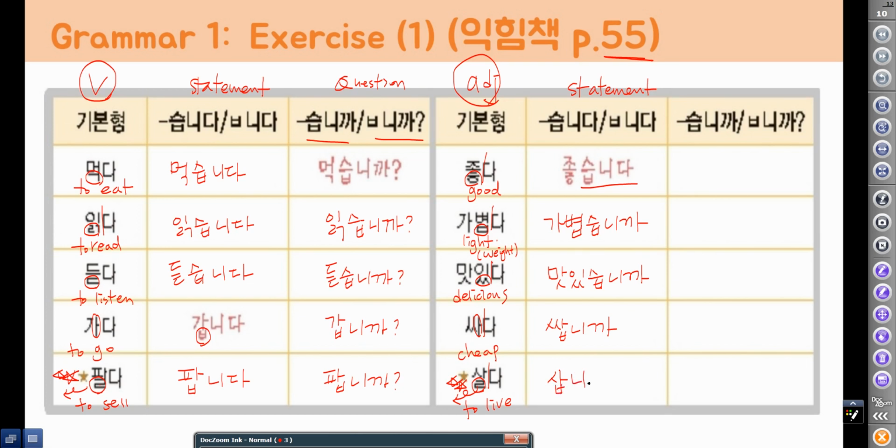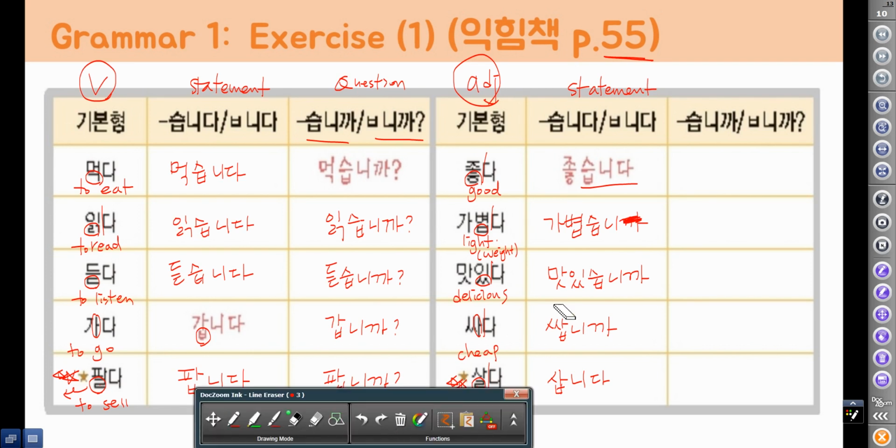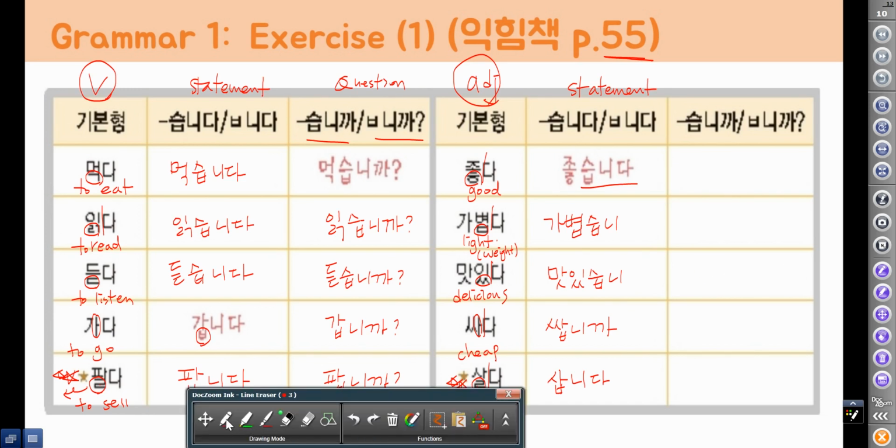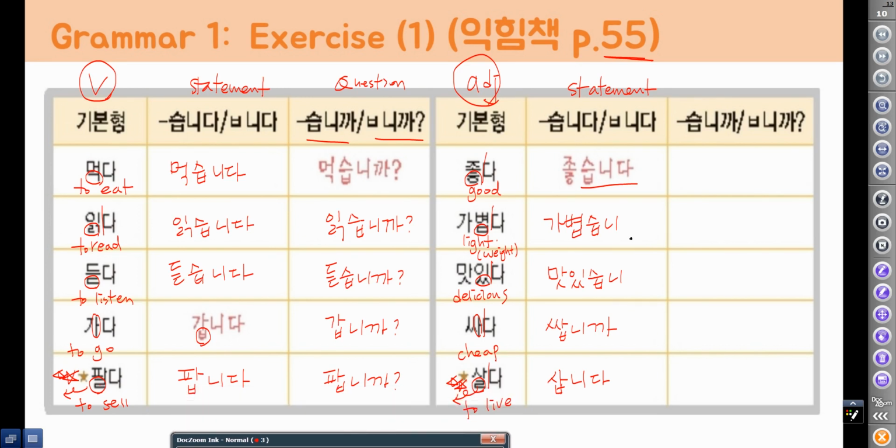So, 삽니다. Oh, sorry. So this is statement. So the ending part should be 다. 가볍습니다. 맛있습니다. 쌉니다. Okay, and 삽니다. Be careful with the pronunciation. 쌉니다. 삽니다.